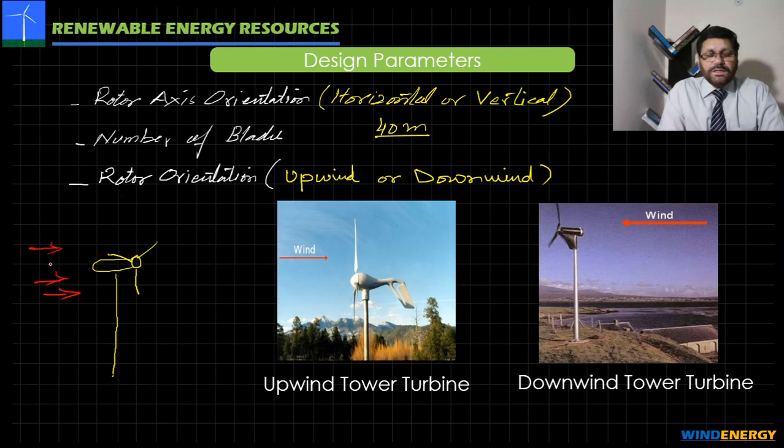Once there is a change in direction of the wind, automatically the rotor direction is going to be changed in line with the direction of the wind. So this is the advantage of downwind wind turbine. However, for the case of upwind wind turbine, all the time for the direction keeping, you need to have an extra mechanism, extra profile attached with the nacelle, so that it is in line with the direction of the wind.